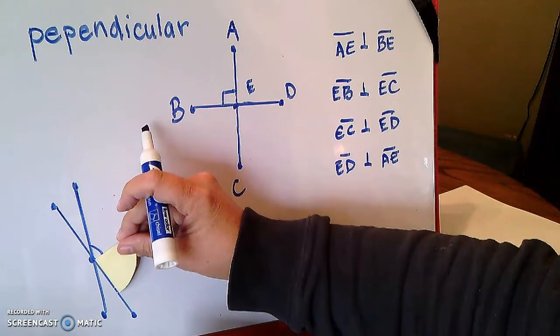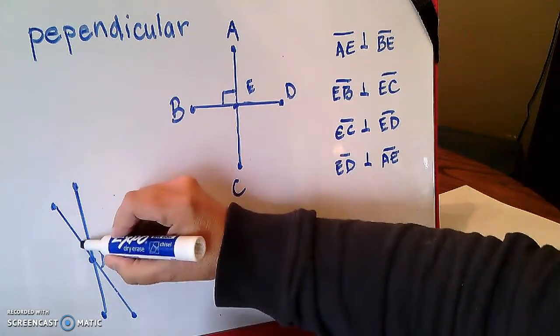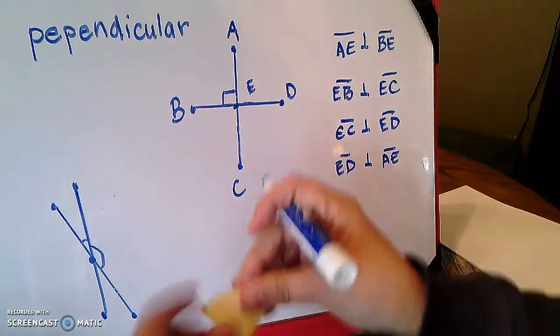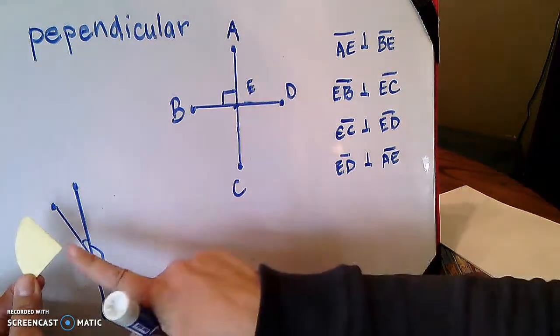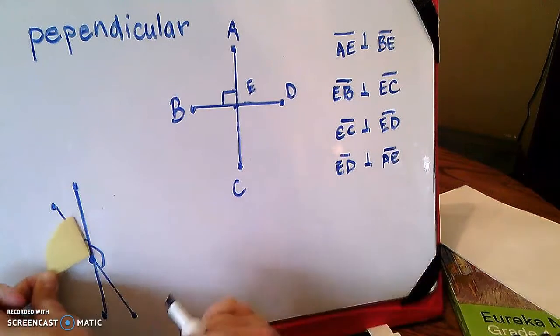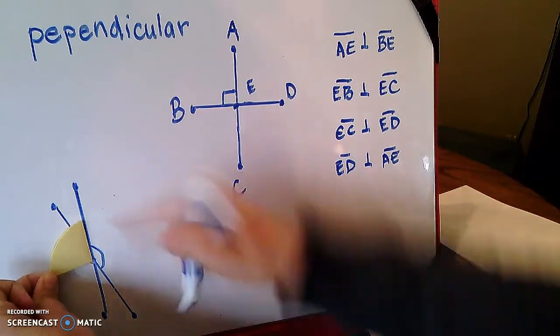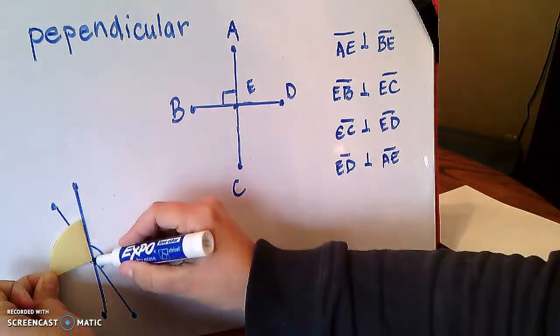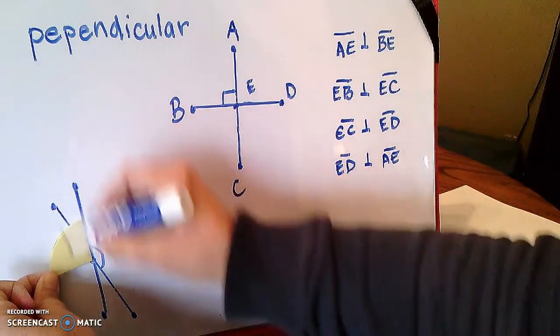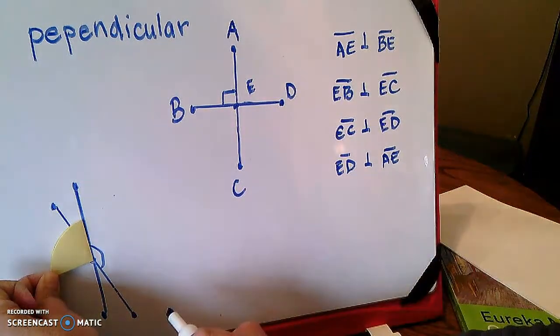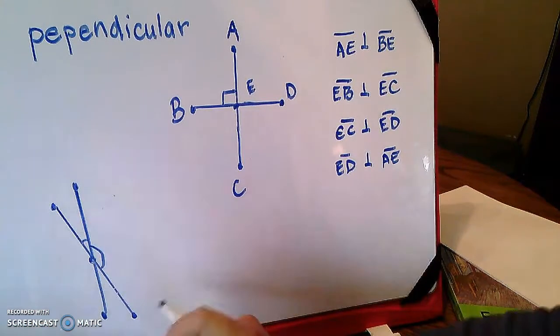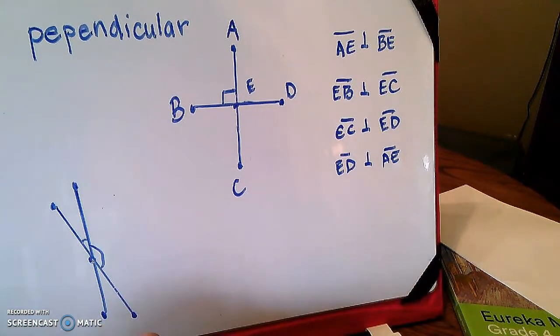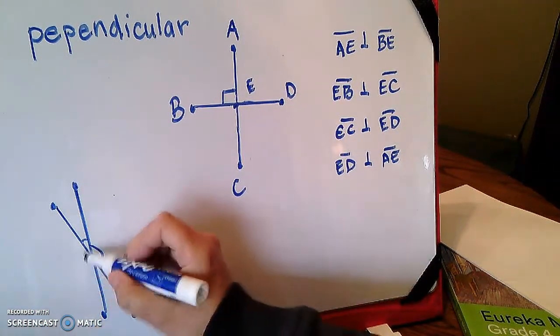That makes it what kind of angle? Right, obtuse. I'm going to look at this little angle inside of here, and I'm going to put the vertex of my template on the vertex of the angle, and I see that if I follow this line segment and then that line segment, that is smaller than or less than a right angle, which makes it what kind of angle? An acute, right.